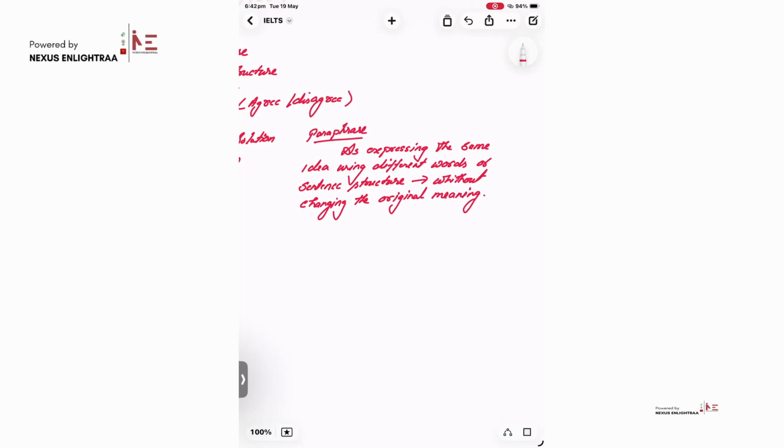Now, some things you need to be careful about in this are no repeating of words, then varied lexical resource.